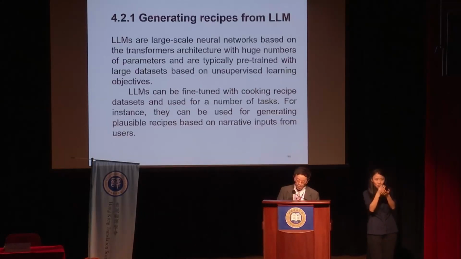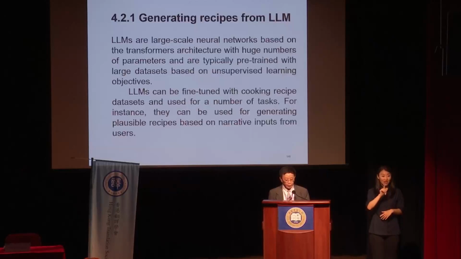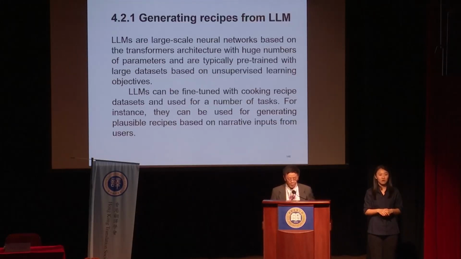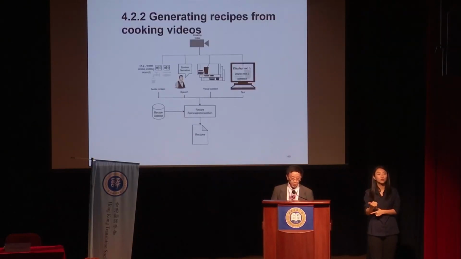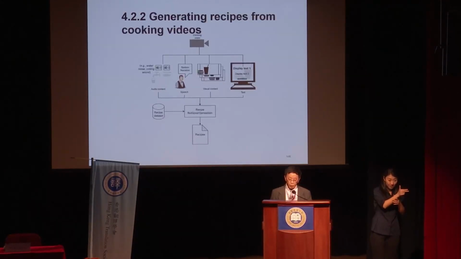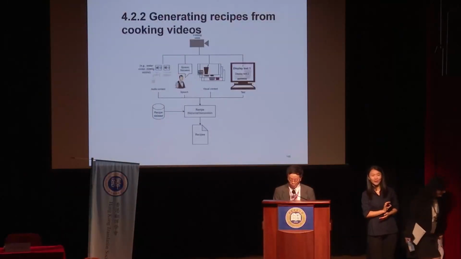But LLMs are very useful because we have large data for the production of recipes. People who are specialized in LLMs could try it with this method. Also, translating recipes from cooking videos may not be as difficult as it might seem. I'll go to the conclusion then.